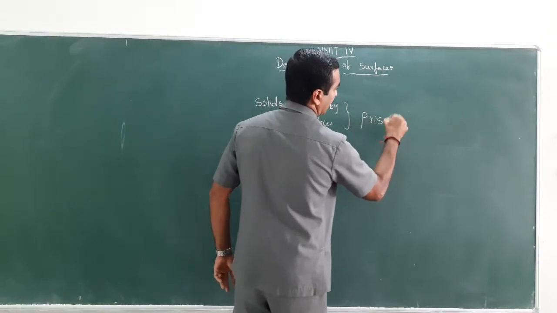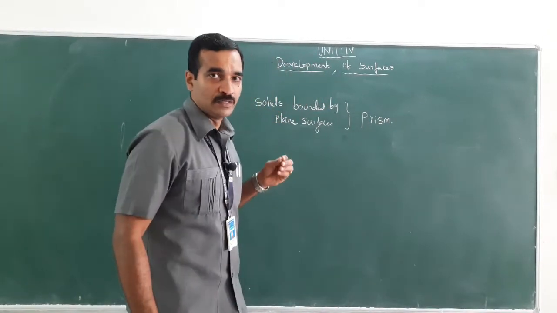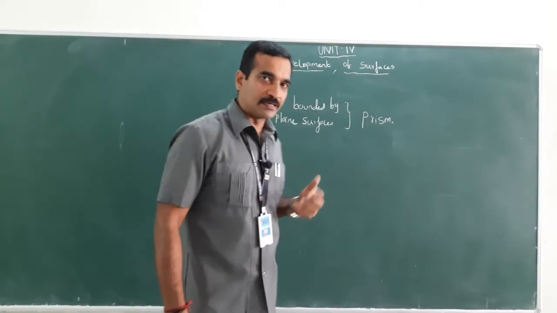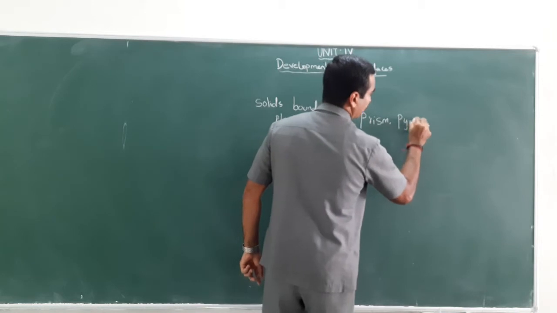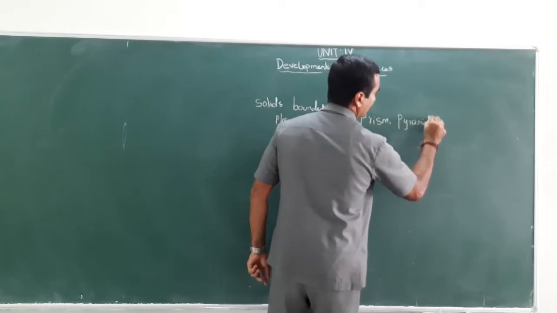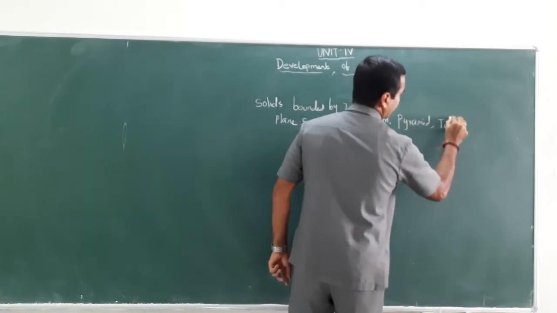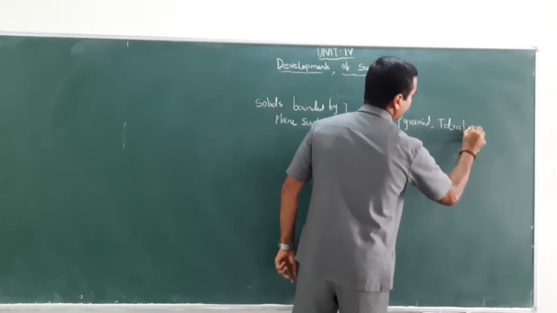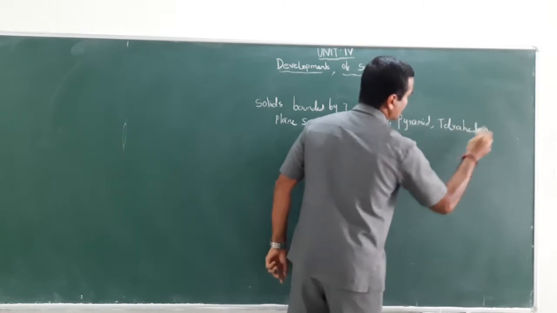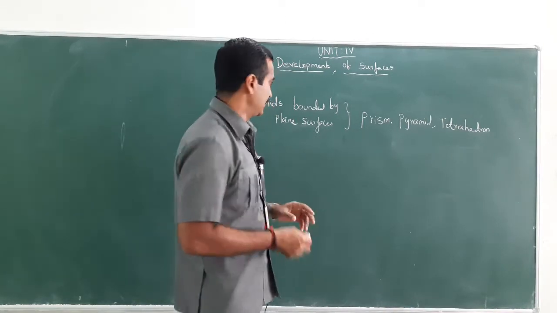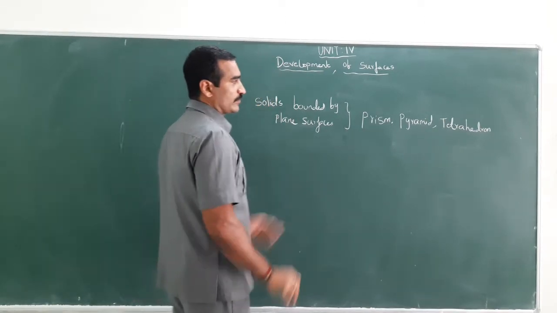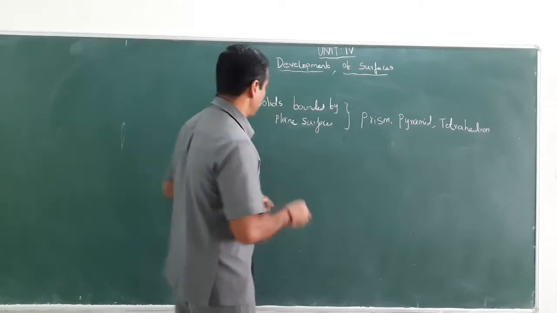All the prisms, like square prism, rectangular prism, then hexagonal prism, pentagonal prism, triangular prism, isn't it? Then pyramids, all the pyramids, and tetrahedron. Tetrahedron has 4 equilateral triangular faces, isn't it? Right. Solids bounded by plane surfaces are prism, pyramid, and tetrahedron.